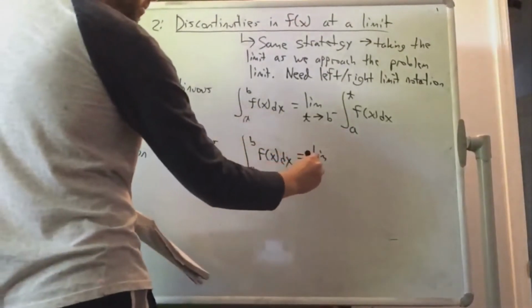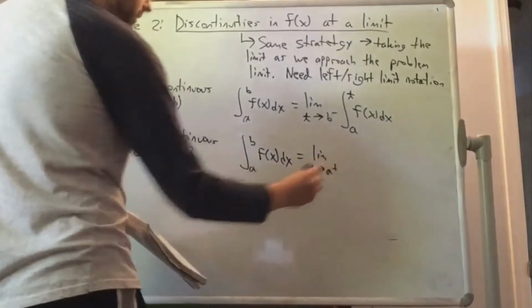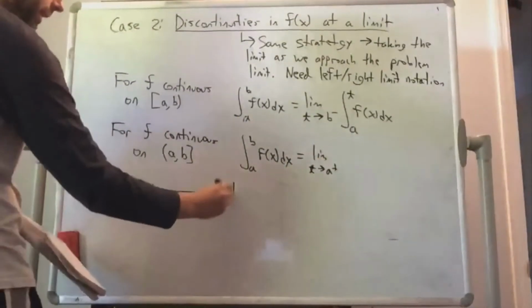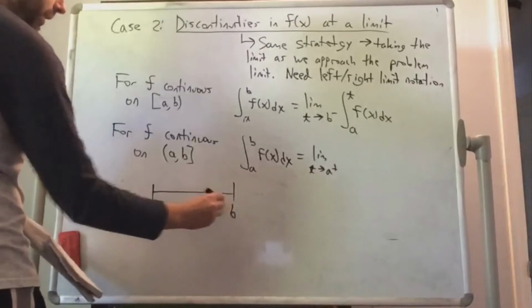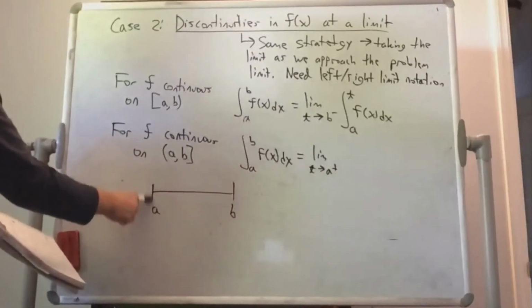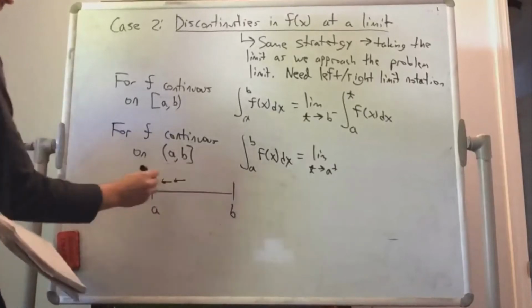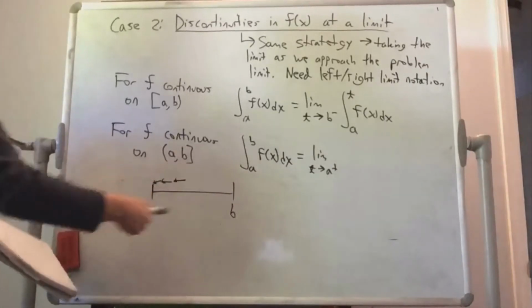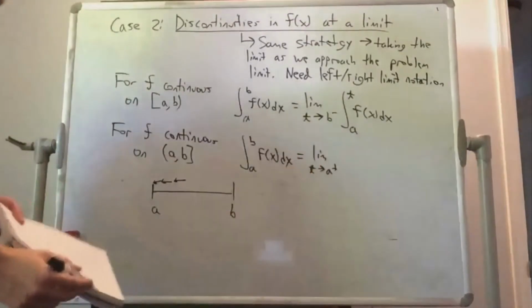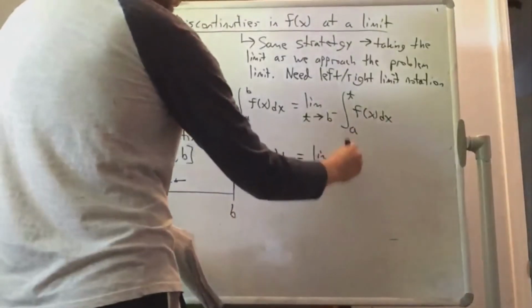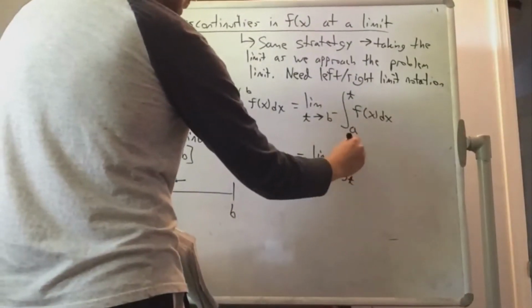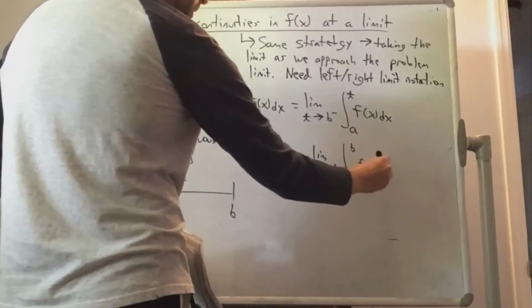So it's the limit as t approaches a, this one from the right. Here's my interval from a to b. This is my problem spot at a, and I'm approaching along that interval, I'm approaching from the right. So it's a right-hand limit. And then it'd be an integral from t to b of f of x dx.